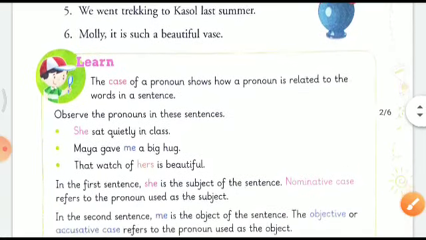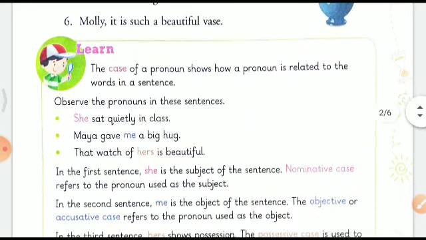Okay, now learn. The case of a pronoun shows how a pronoun is related to the other words in a sentence. Observe the pronouns in these sentences. She sat quietly in the class. Maya gave me a big hug. That watch of hers is beautiful.